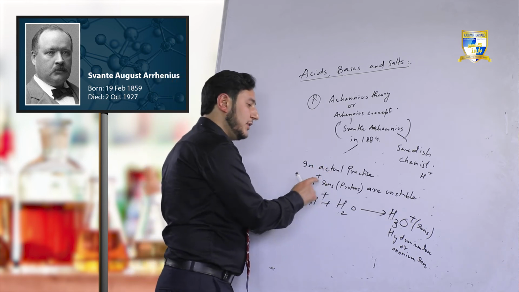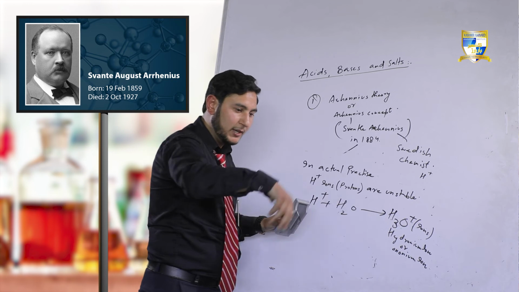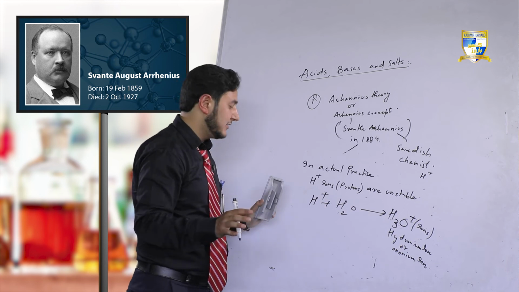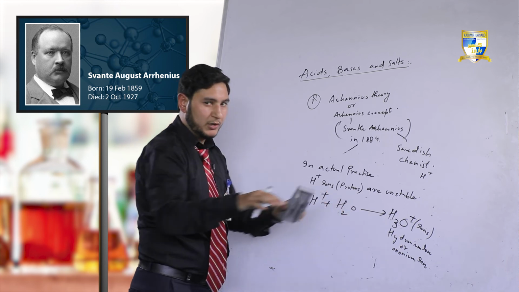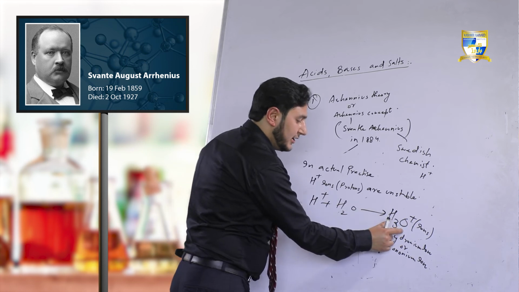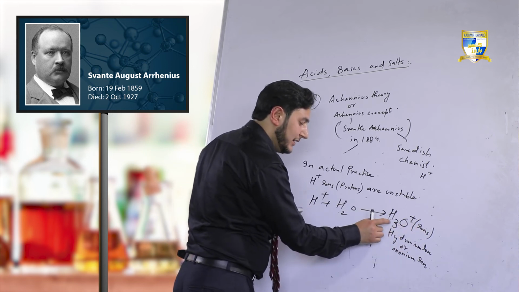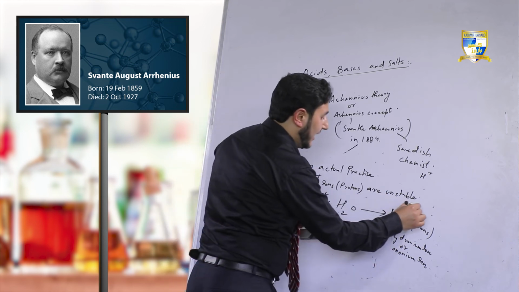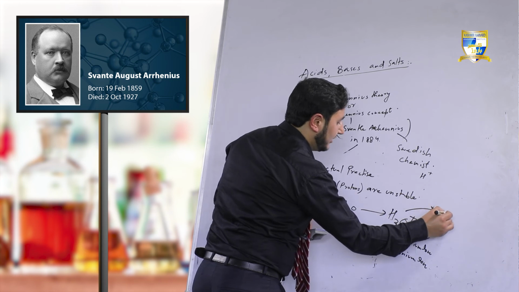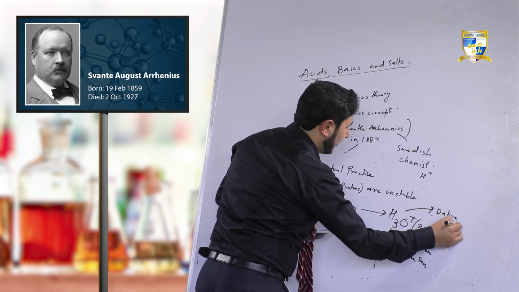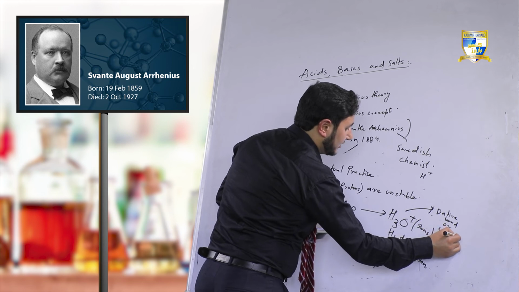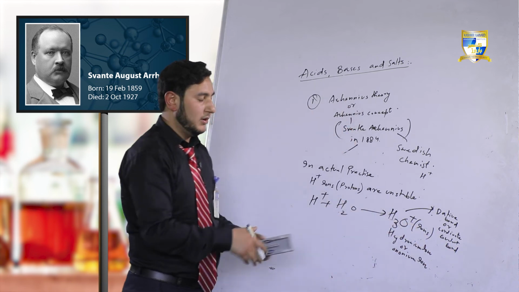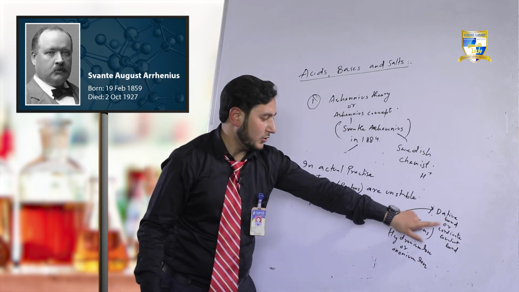But in actual practice, are there H positive ions floating over the surface of water? No, they are not. They are very unstable. They react with the surrounding H2O molecules in the water and form H3O positive ions. We have studied that hydronium ions contain a special type of covalent bond called a coordinate covalent bond or dative bond.